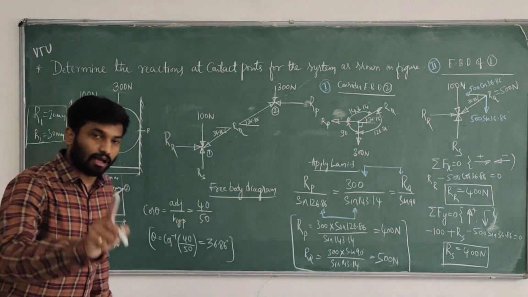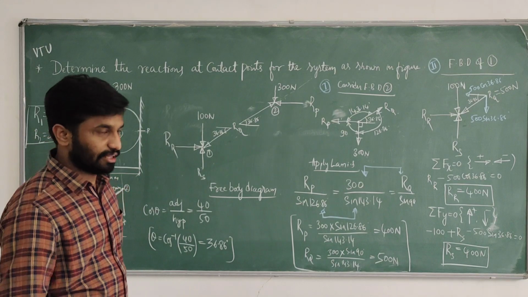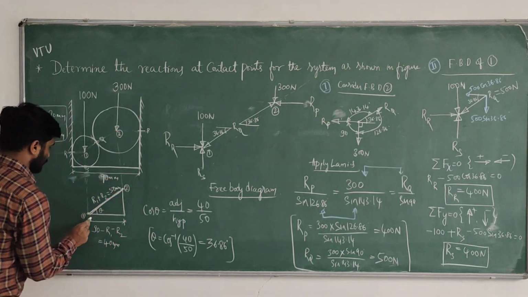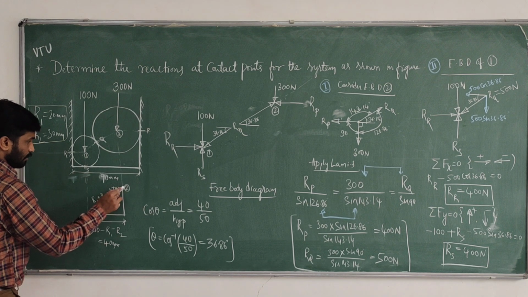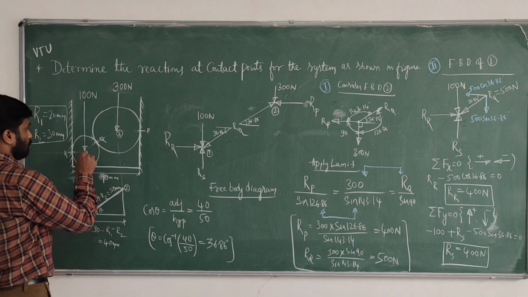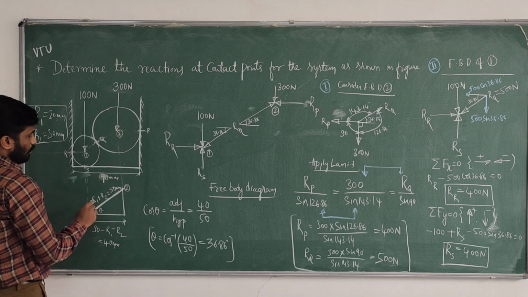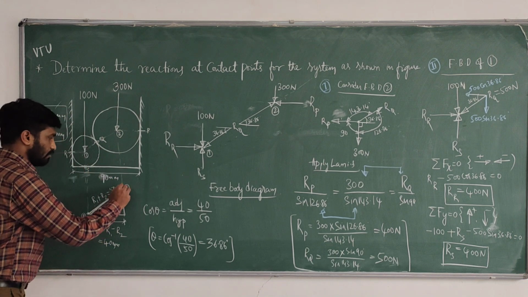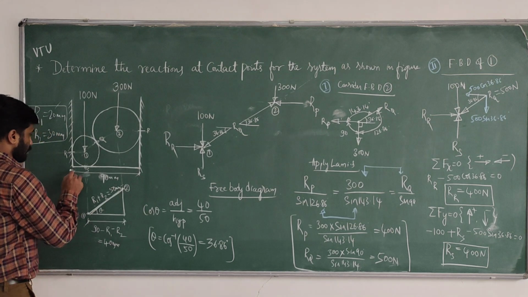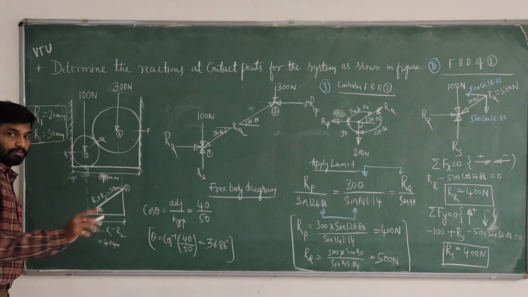So the inclined contact surface angle we have to determine. That's why we constructed the triangle. The hypotenuse is known by considering R1 plus R2, that is 20 plus 30, which becomes 50 mm. The total length in horizontal is 90 mm.